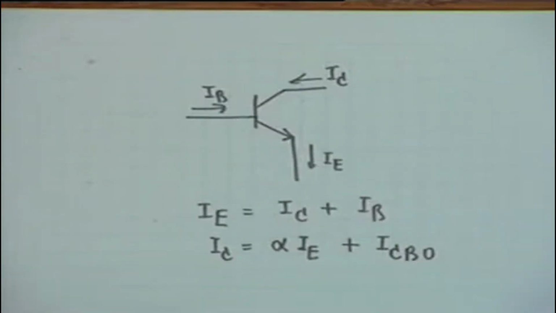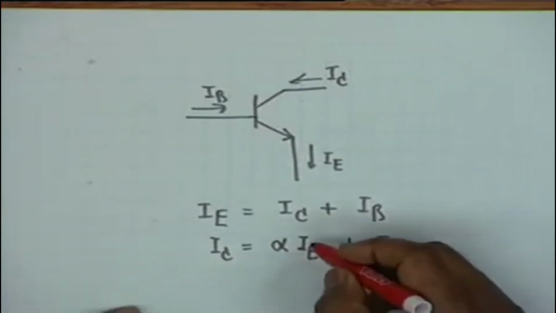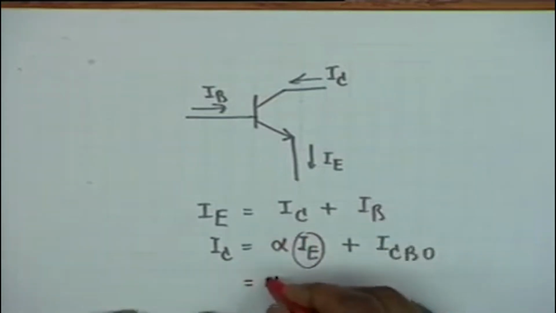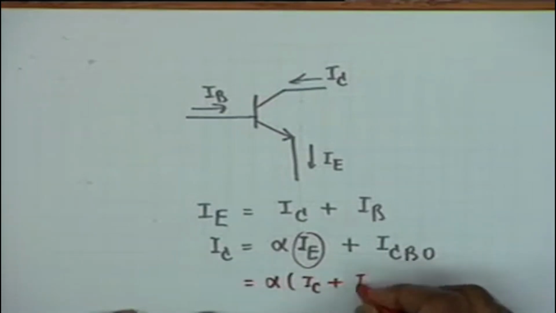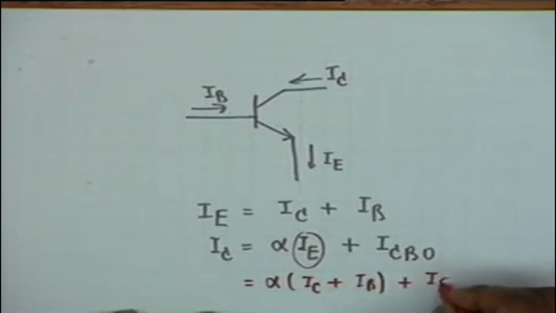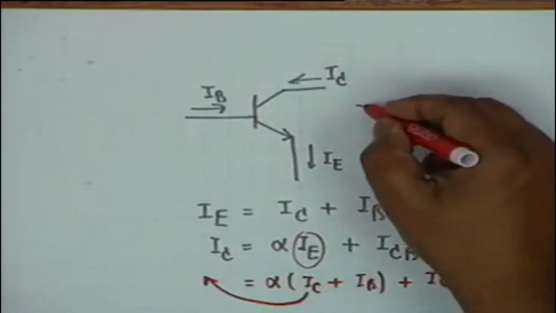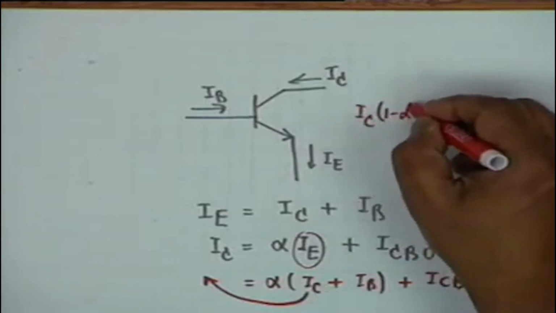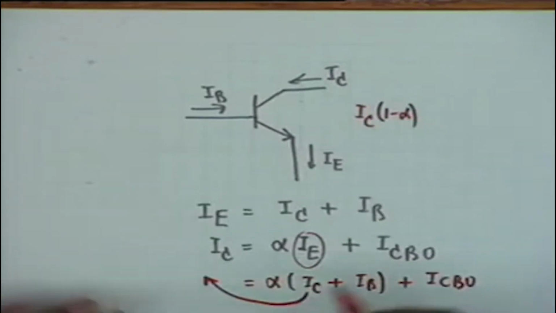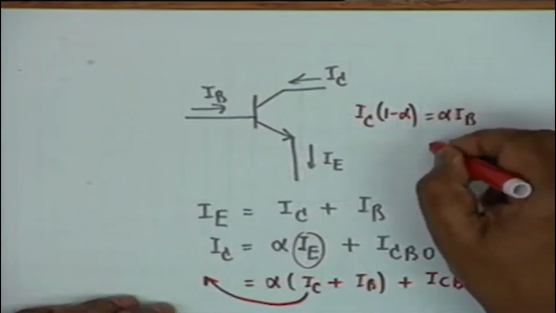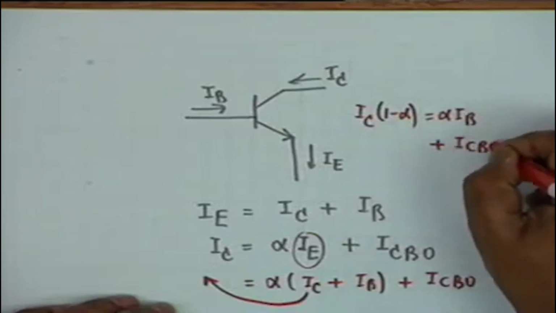So, we substitute for I sub E from the first relation, and therefore I get alpha times I sub C plus I sub B, plus ICBO. Then take the term containing I sub C to the left hand side, and I get I sub C times 1 minus alpha equals alpha IB plus ICBO.